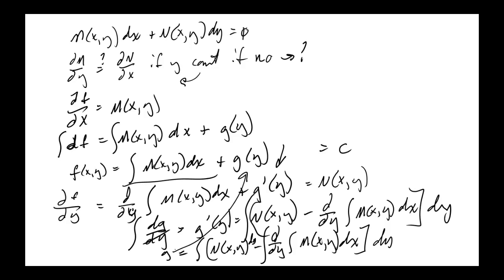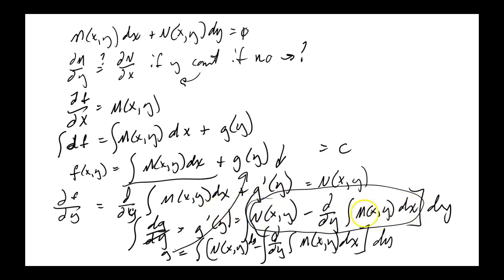Now, it says some observation of order. First, it is important to realize the expression n of xy minus the partial of that is independent of x. Okay? It's this thing right here.